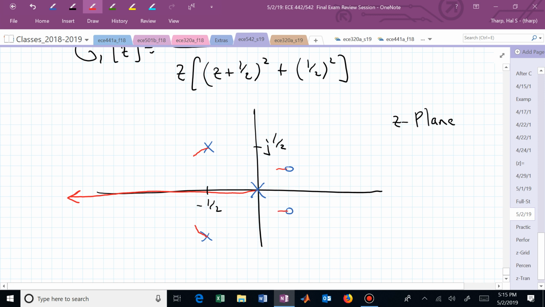Well, that didn't help me much. But can we determine whether or not those two branches that start on the poles stay off the real line, or do they actually go to the real line and have a party? And then we know eventually one of those branches is going off to minus infinity. The other two are eventually going to these zeros. But what happens in between?